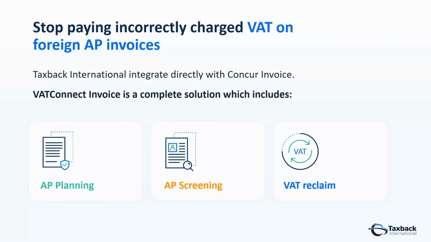So we get the data, we get the images, we get to screen the invoice, and we determine was the VAT correctly charged. If the answer is yes, then we manage the recovery. If the answer is no, we go back to the vendor and we work with the vendor to get them to repay the incorrectly charged VAT and redress the error that they made.